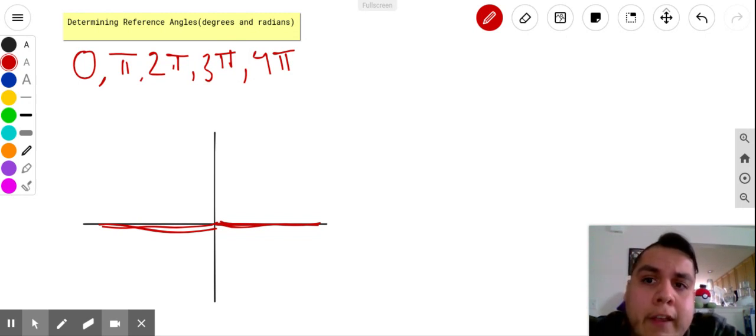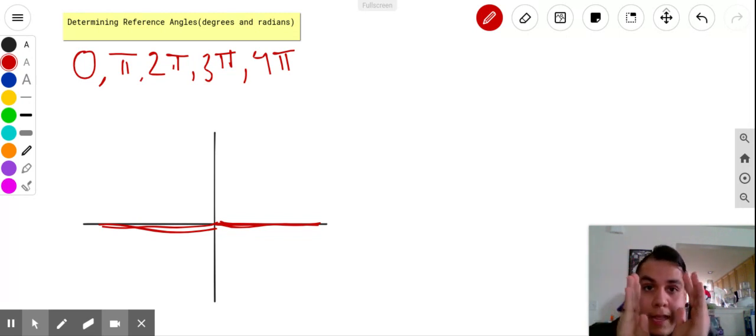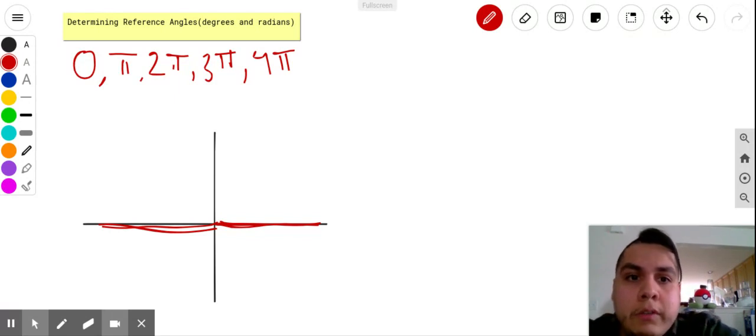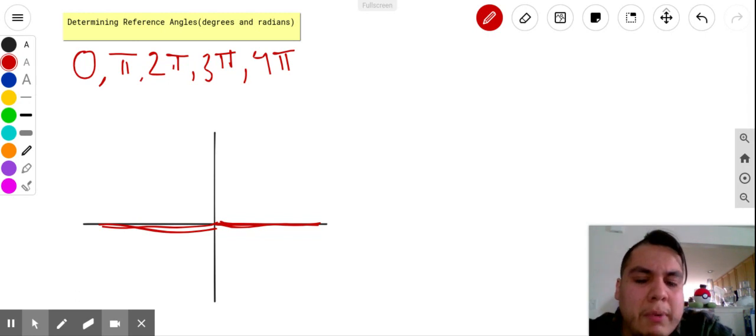If you have an integer value, so it could be positive, it could be negative, but as long as it's an integer multiplying by a pi, it will have a reference angle of 0. That's it. Pretty easy.